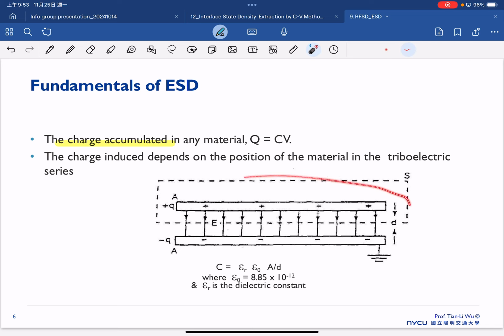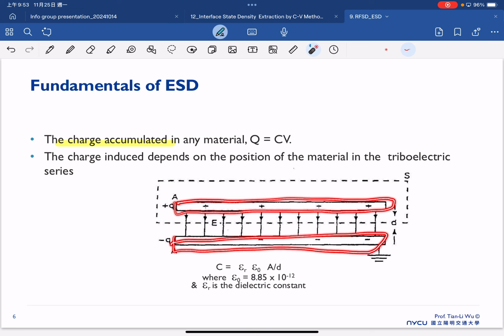So this is an example. If we have two metal plates, one metal plate here, another metal plate here, and as long as these two metal plates are separated by a certain distance, we can form a capacitance here. So this is the reason that we can have charge accumulated in any material.